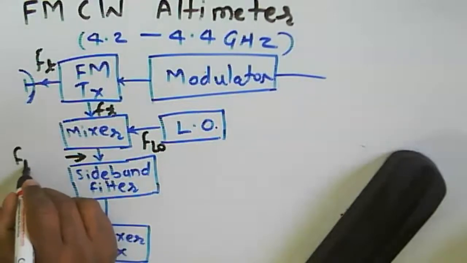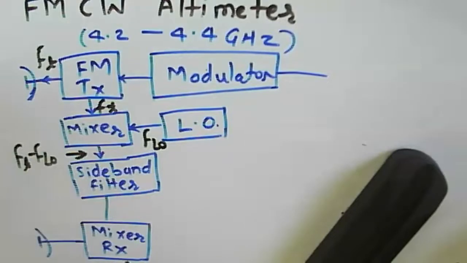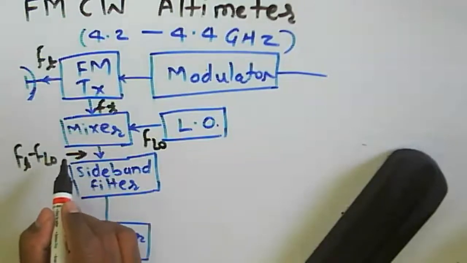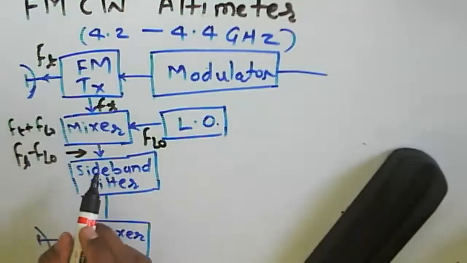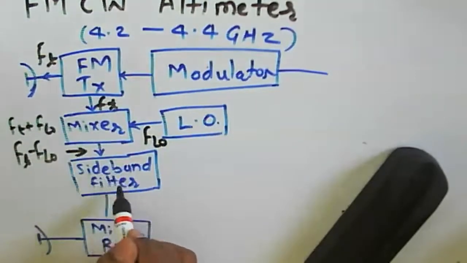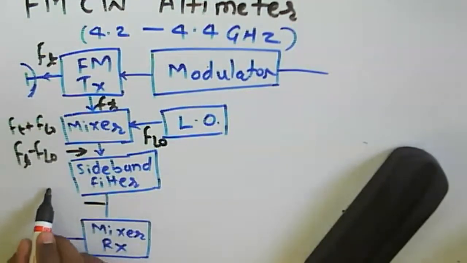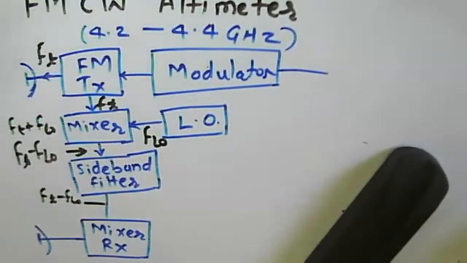So you can say that it is ft minus flo at this mixer point. So there are two components, ft plus flo and ft minus flo, from the mixer. So we are supposed to use a sideband filter, so that at this point we are getting ft minus flo at the sideband filter.